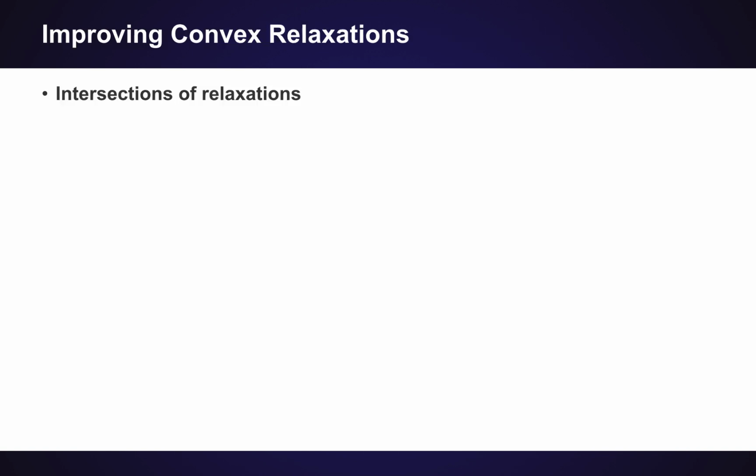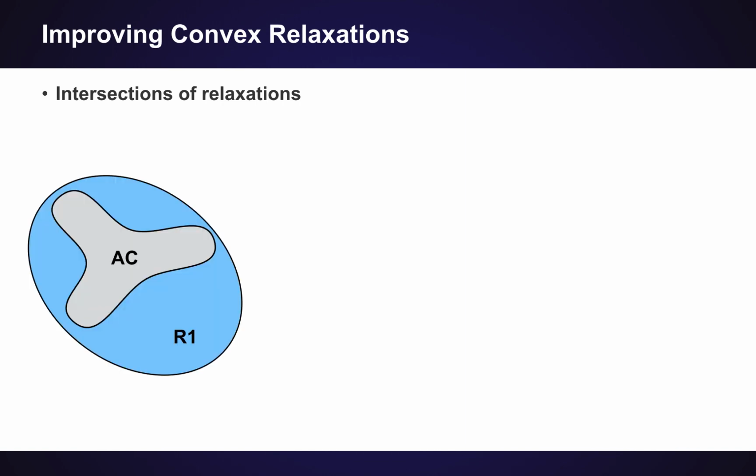So the next general question that often comes up is, how can you improve these convex relaxations? Line illustrated a nesting of different relaxations. How do you go about making them tighter and tighter? One of the easiest things you can do is to intersect two different relaxations that are derived from very different equations.